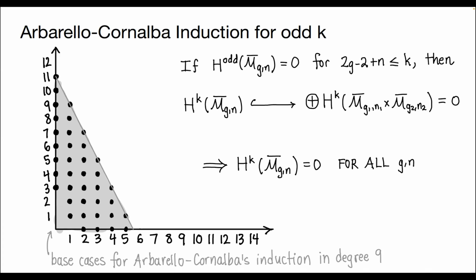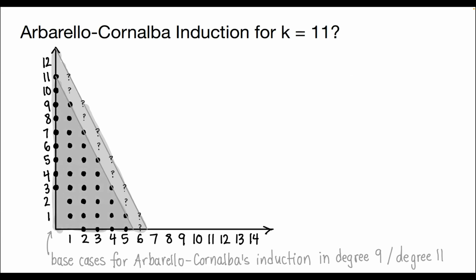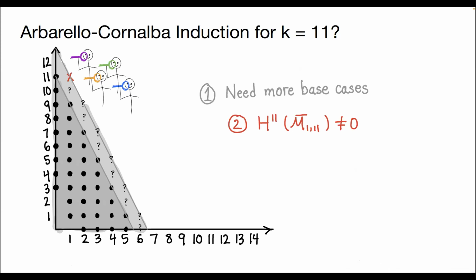So I've pictured on this slide the base cases that are needed to run Arbarello and Cornalba's induction in degree 9. Now I said we want to go on to degree 11. If we want to do that, we are going to need more base cases. And also, we're going to need a way of running this argument even when one of the inputs is not vanishing.